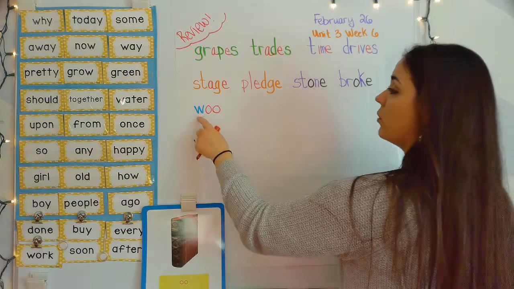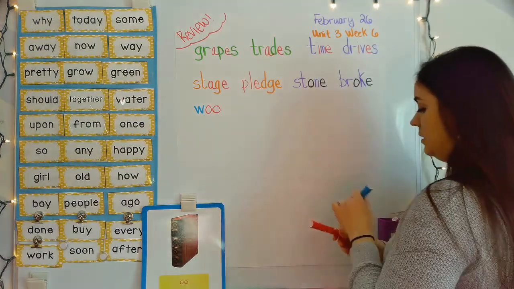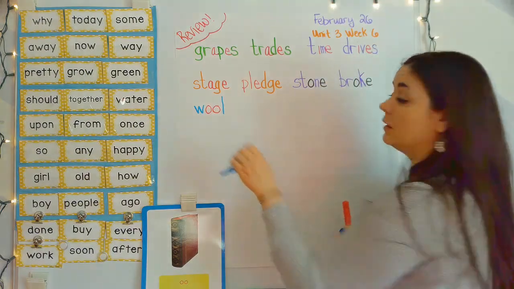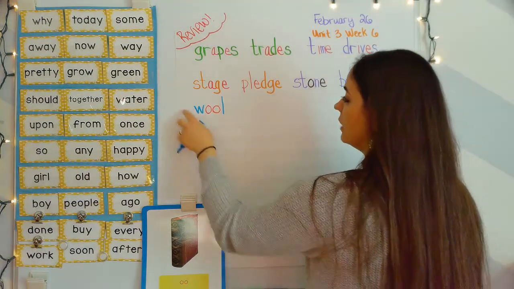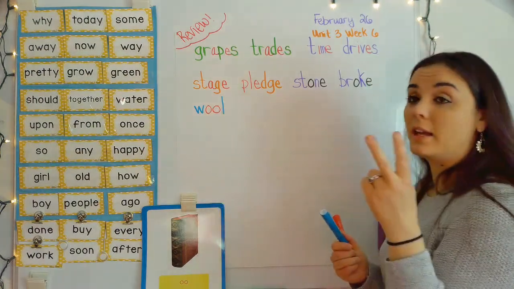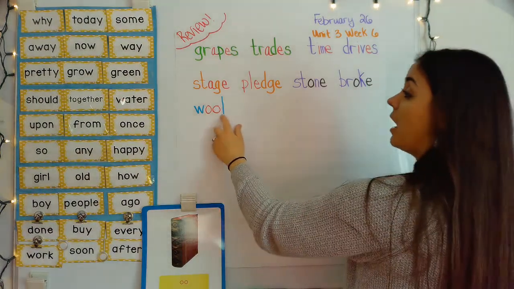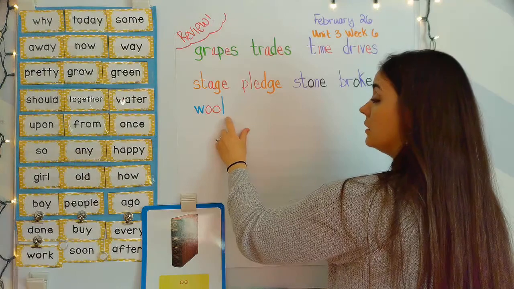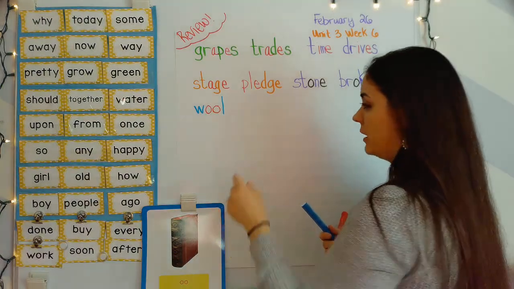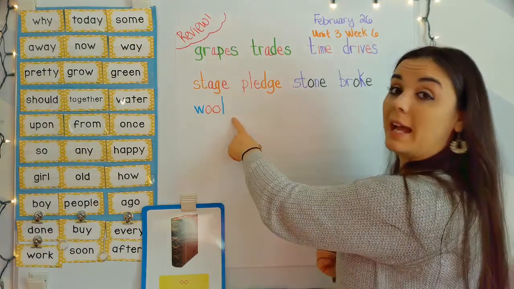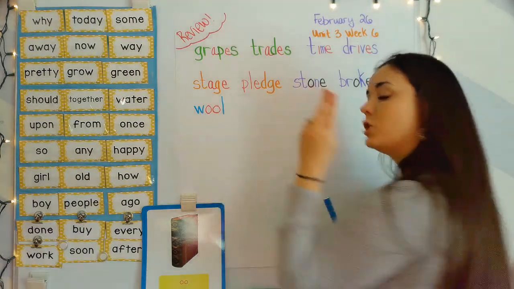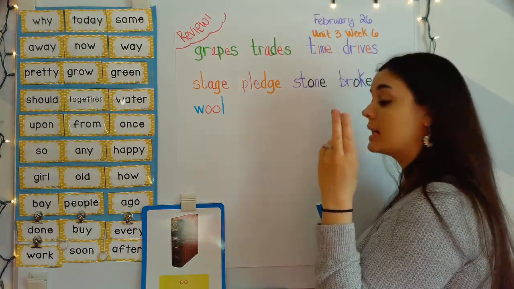L says l, wool. So these two O's, if two O's are together, it's not going to be wa, ul. Doesn't quite sound like a word I know. And there's no E at the end of this word, so it can't be O blank E, like the boat card. The two O's together, they work together to say oo.